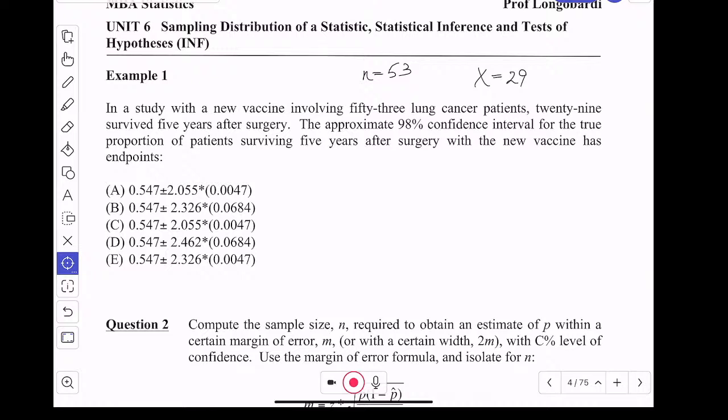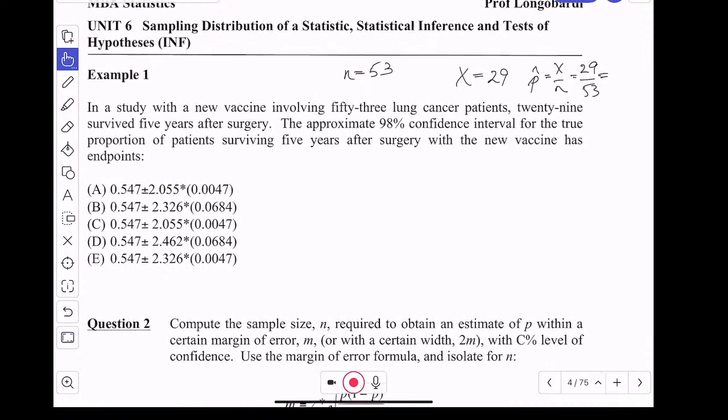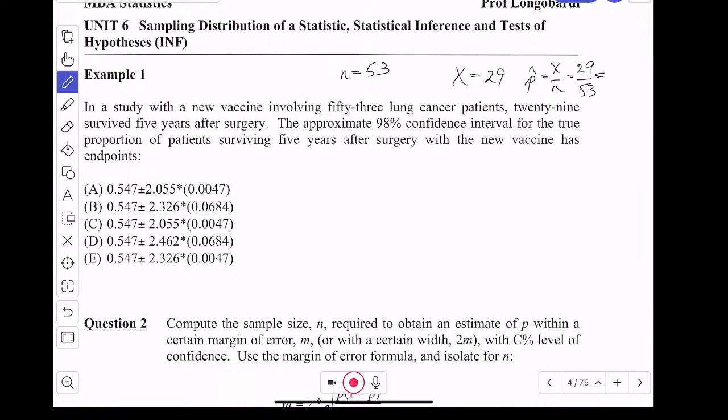Now, from this sample, this result, this study, we found that it's 29, or we could compute that as 29 out of 53. What percentage would that be? So I'm going to use 4 decimal places when I work with proportions, okay?